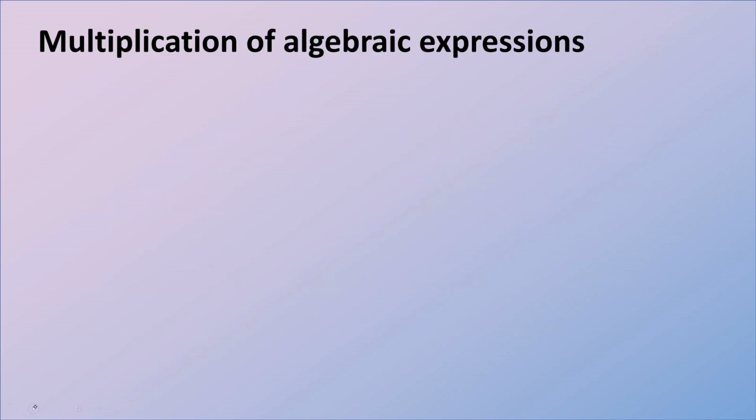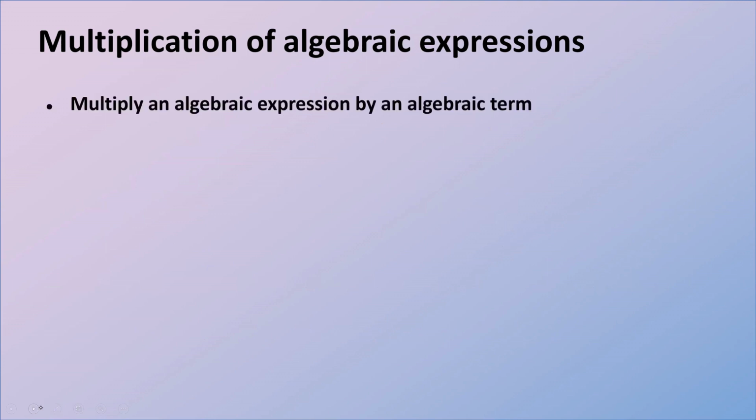Now let's look at how to multiply algebraic expressions. First, let's see how an algebraic expression can be multiplied by an algebraic term. For that, let's look at what the kids receive from their mother. It's A times x plus y. And here, A is an algebraic term. All we need to do is distribute.